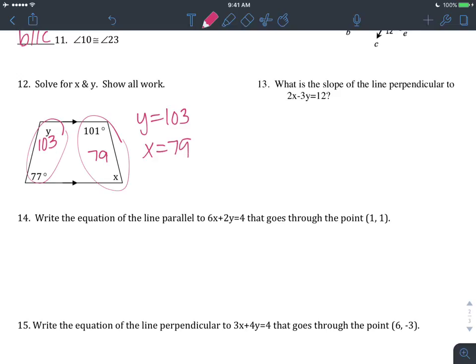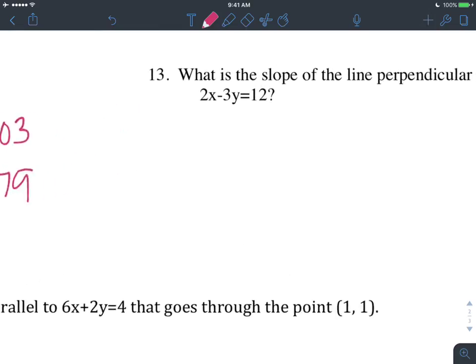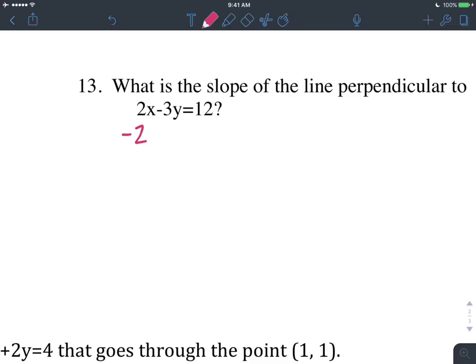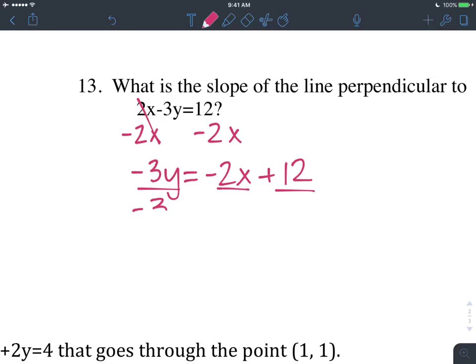All right, number 13. What is the slope of the line perpendicular to this line? So we're going to first have to solve for Y. We're going to subtract 2x from both sides. Negative 3y equals negative 2x plus 12. Then we're going to divide by negative 3.